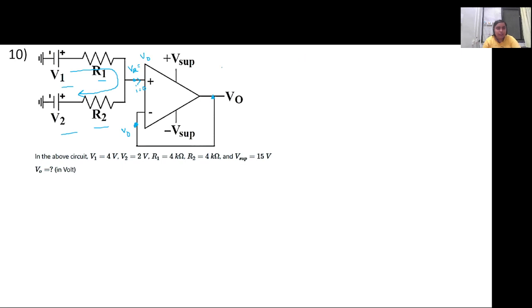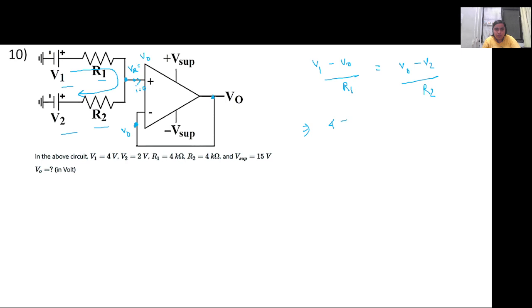You can either apply KCL at A or write the loop equation, up to you. So it will be (V1 minus V naught) by R1 equal to (V naught minus V2) by R2. Now you can solve for V naught.